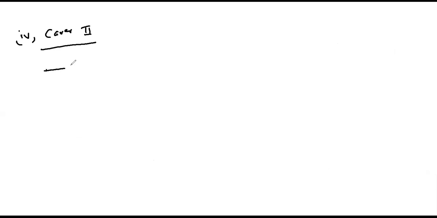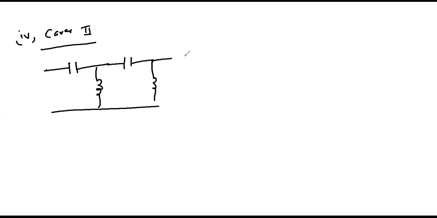At the end of the day, we can have a network that has a capacitor in series, an inductor in parallel, capacitor in series, inductor in parallel, in that order. And that would give us the Cauer 2 canonical form of the LC network. So it's capacitor in series, inductor in parallel, in that order.